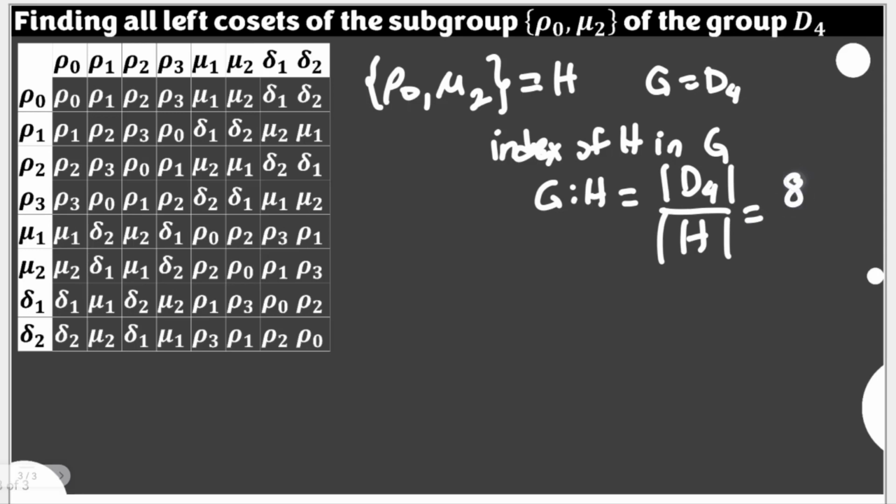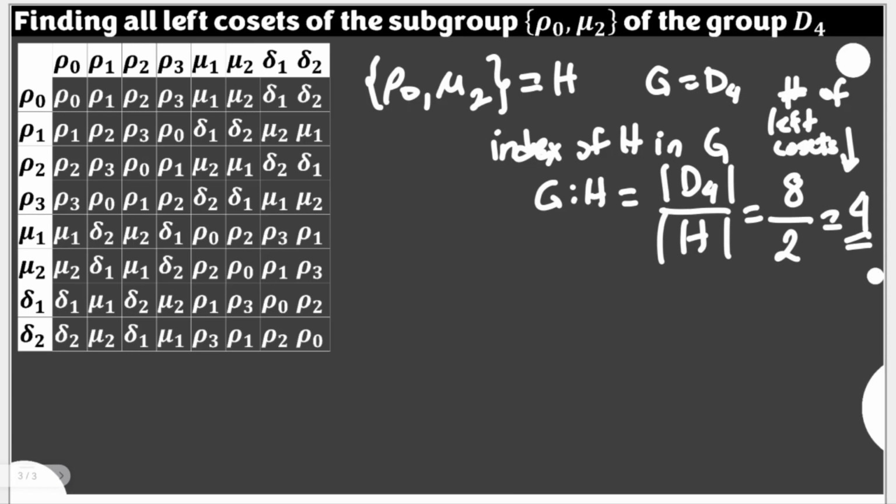So that's 8 over the number of permutations in our H, which is 2. So we are expected to have 4 left cosets. This will also be true for the number of right cosets, but since our task here is only to determine the left cosets, we are expected to come up with 4 left cosets.